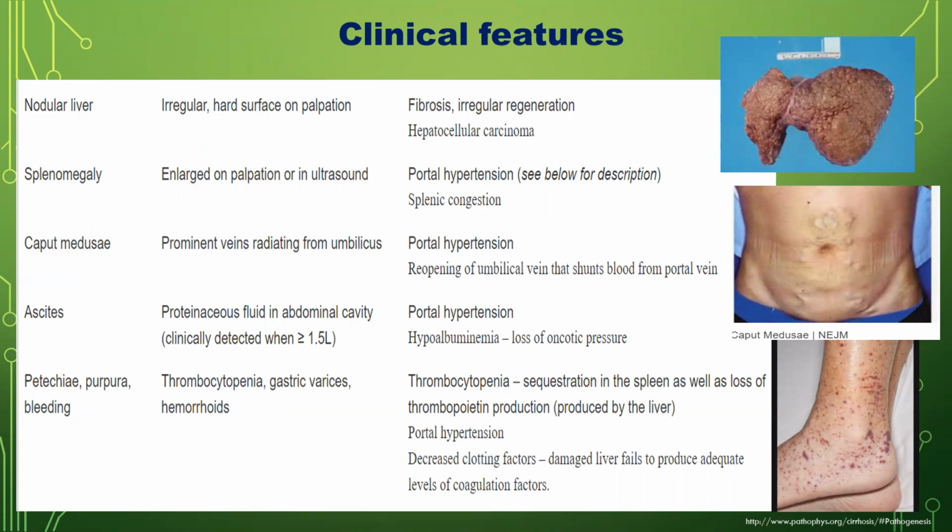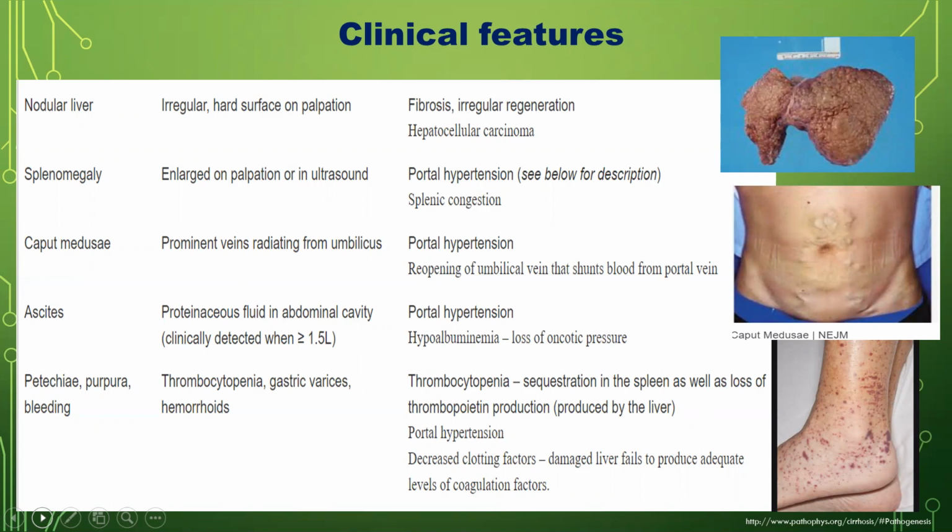Splenomegaly, or enlarged spleen, is detected by palpation or ultrasound in patients with portal hypertension or splenic congestion. Caput medusae, here you can see it clearly. It's a prominent vein radiating from the umbilicus in patients with portal hypertension, due to opening of the umbilical vein that shunts blood from the portal vein under pressure.